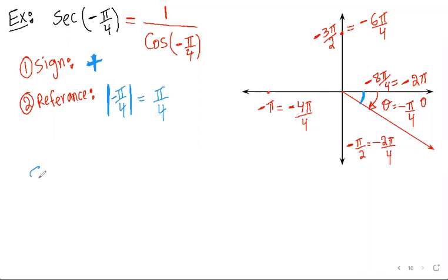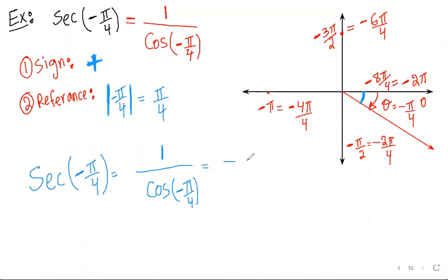Now we have to solve it. So secant of minus pi over 4 is equal to 1 over cosine of minus pi over 4.